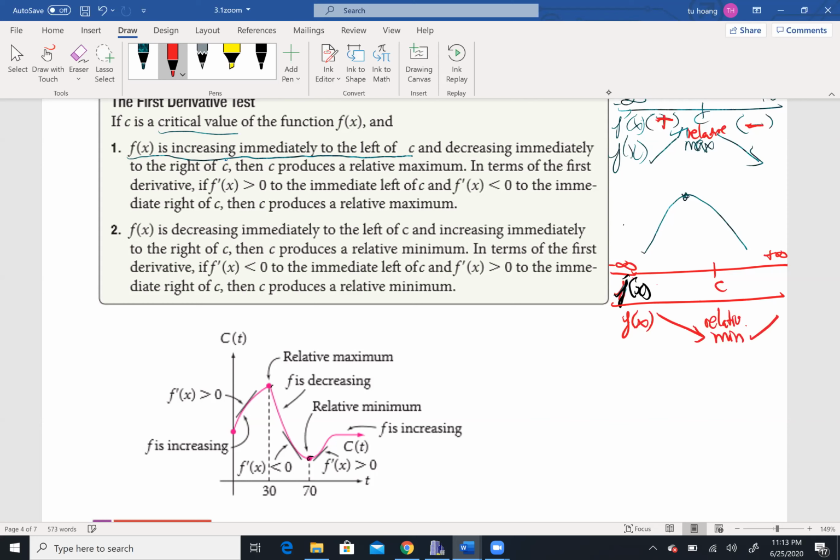So if f'(x) is going to be negative and then positive, for this case you see that you go from down to up. Then this point has to be a relative minima.